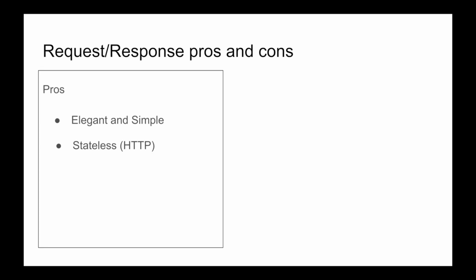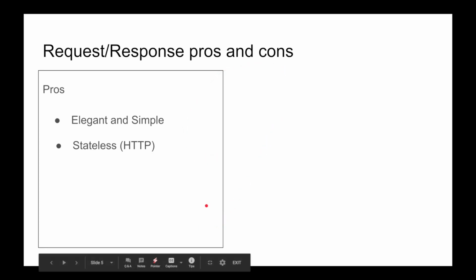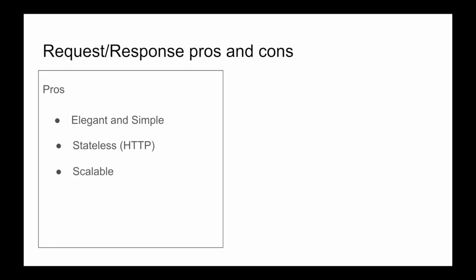But yes, you can argue with that, but if it's stateless, it's good because it's scalable, right? You can scale it horizontally, and that's a very overloaded word. I hate putting it there, but I have to put something in the pros section. Scalable here means that it is scalable at the receiver end, where you can duplicate the receiver if it has the same functionality, and you can scale it easily, right?